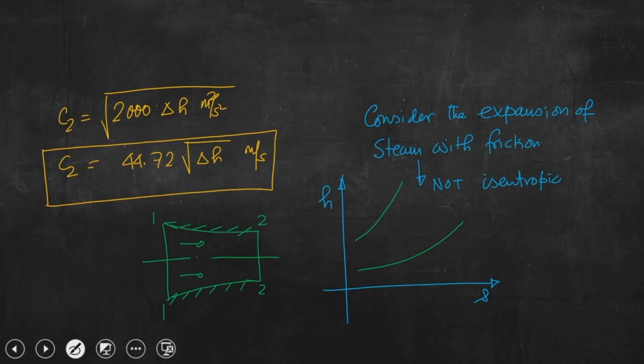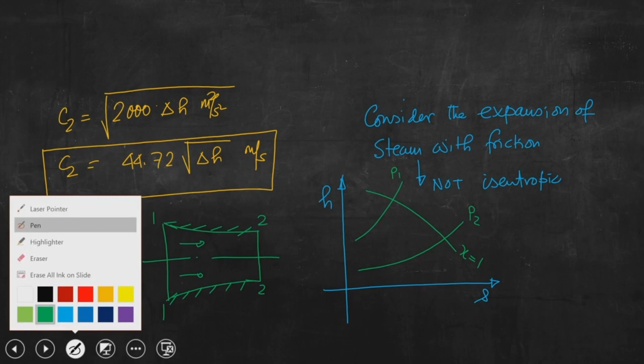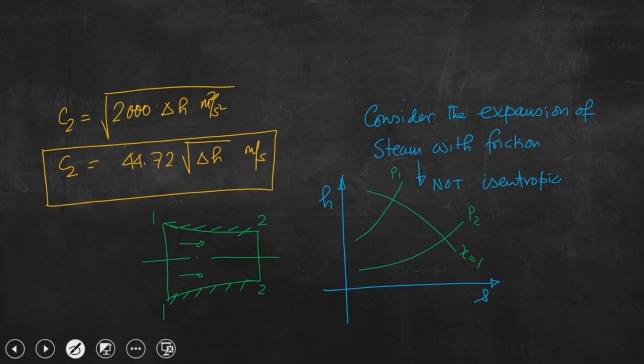So, for the given inlet and outlet pressure, we can write this is P1 and this is P2. Say this is the x equal to 1 line, and we are assuming that this is the expansion.